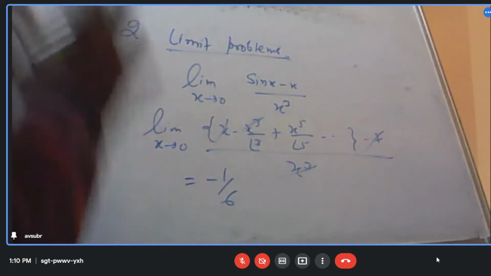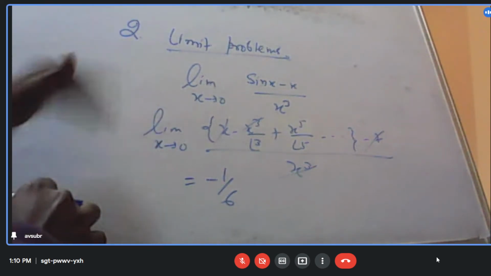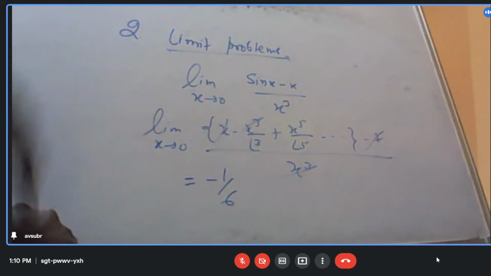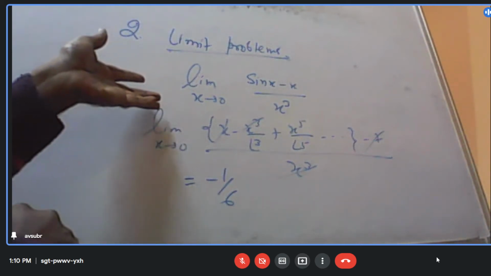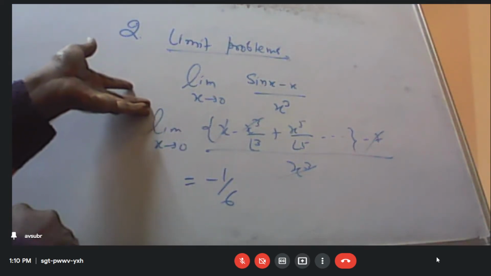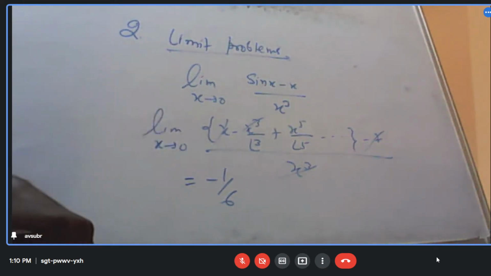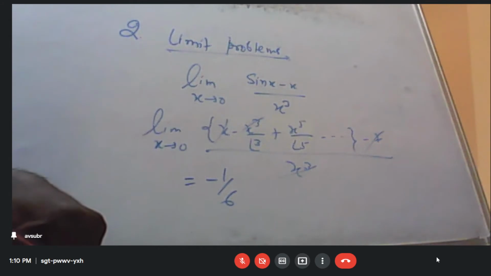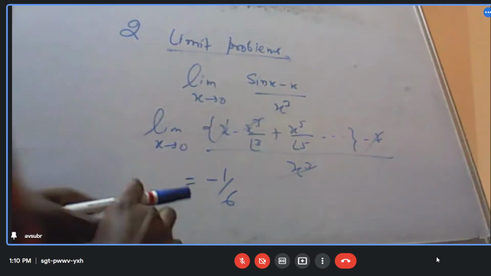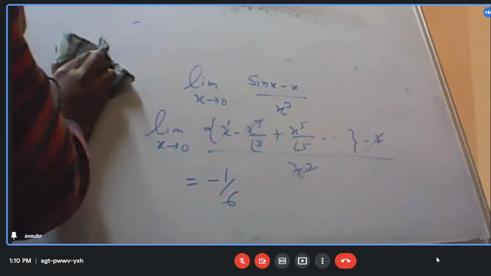So this kind of limit problems can also be solved. आपने ये तरह की प्रॉब्लम पहले भी सॉल्व किया होगा? Series expansion, 12th में. Series expansion करके. Some other rule is also there.